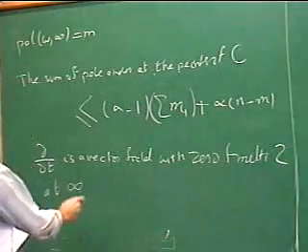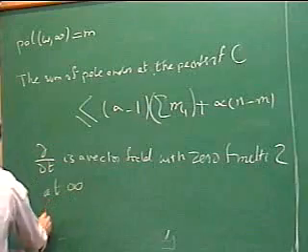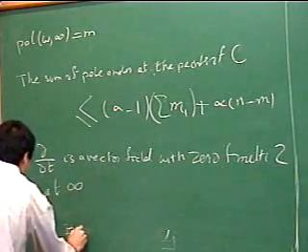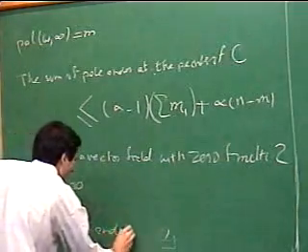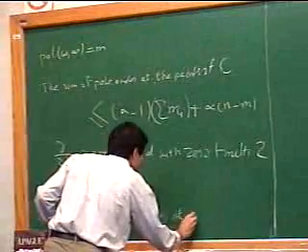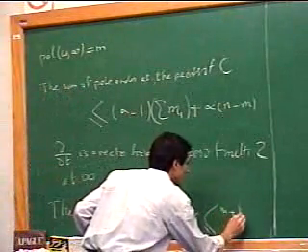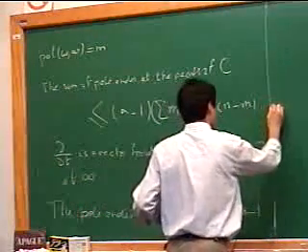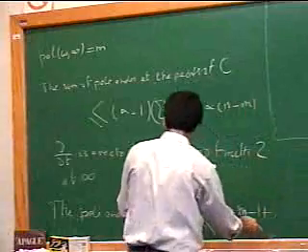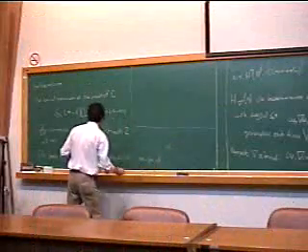And considering this fact, we obtain that the pole order of omega at infinity is less than this sum, m plus n minus 1, plus m minus alpha minus 1.